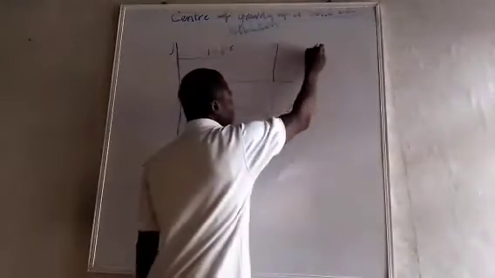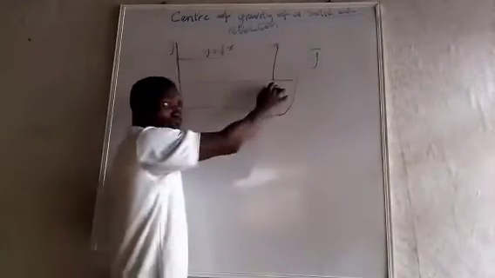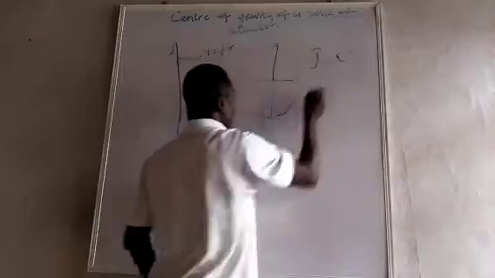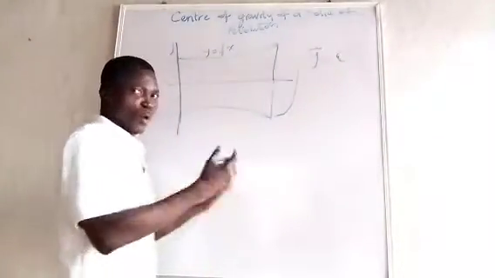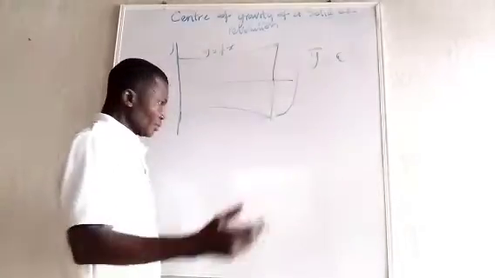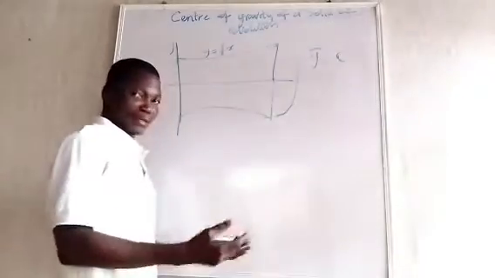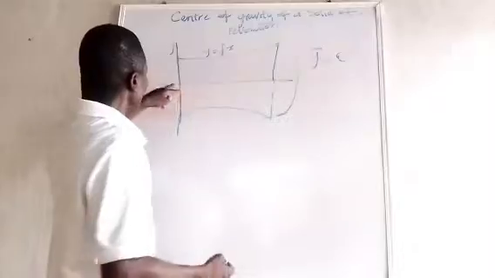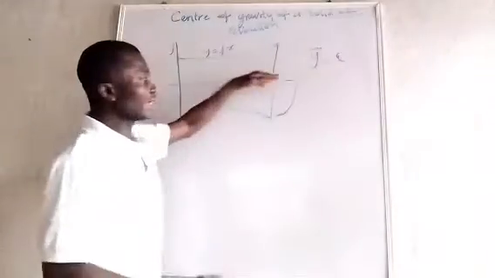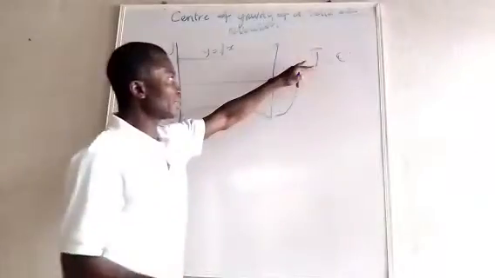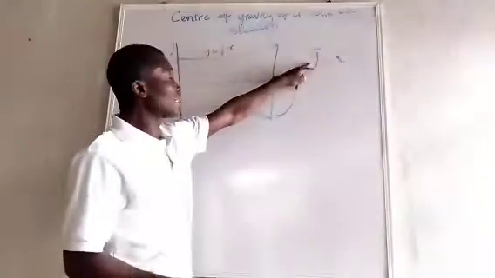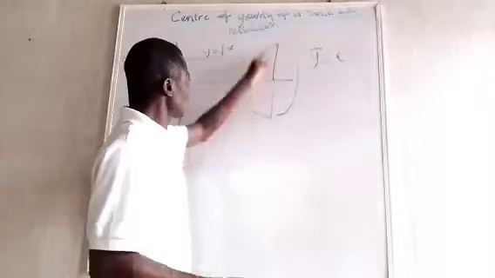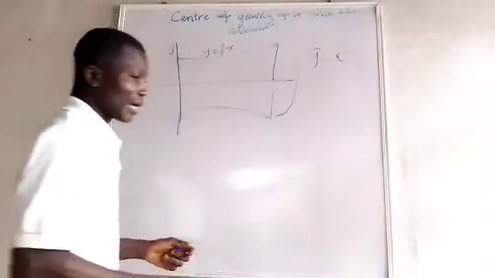For y, we don't need to calculate it. The centroid for y is equal to 0, unless you are asked about rotation around a line like y equals 2 or y equals 3. If it is not, the axis that is rotated around will be the center of gravity along this perpendicular axis.